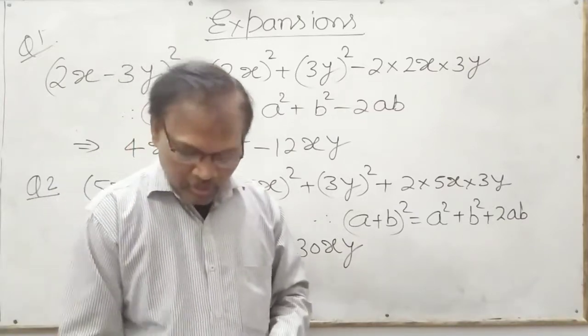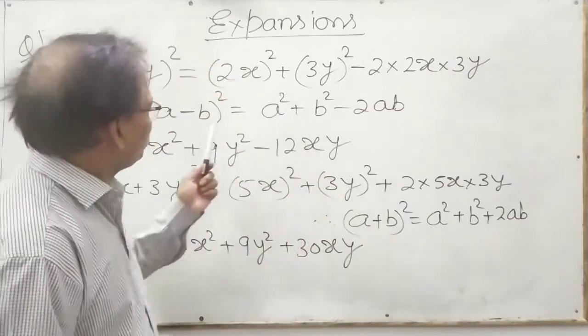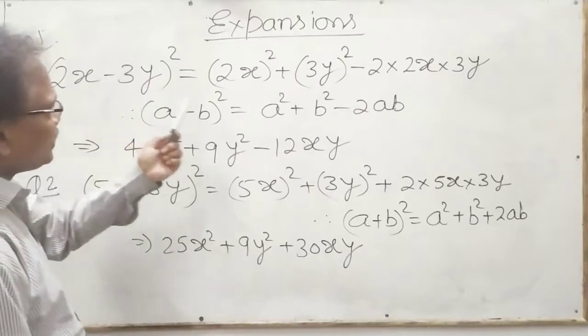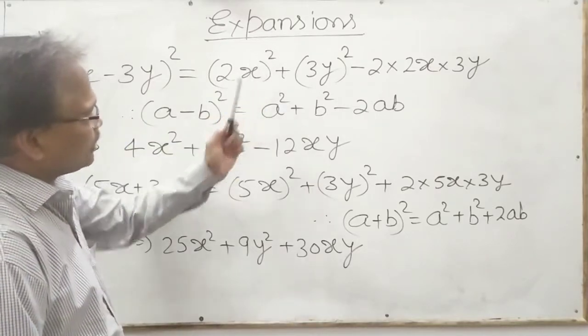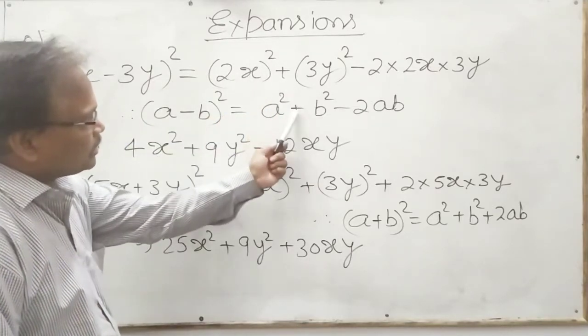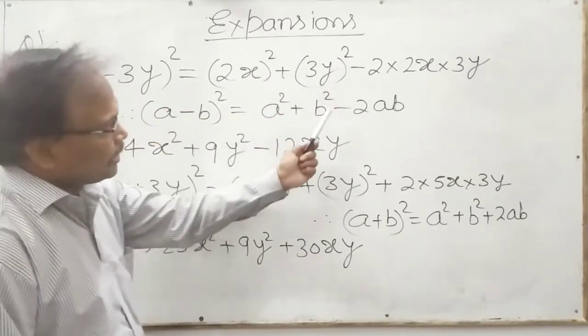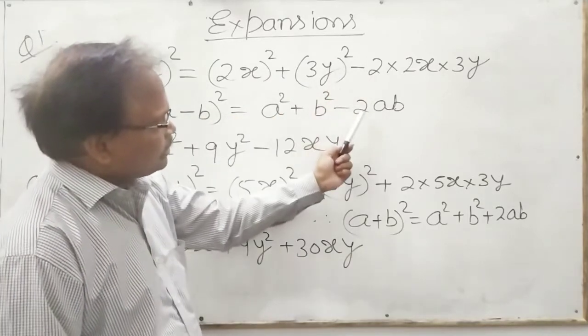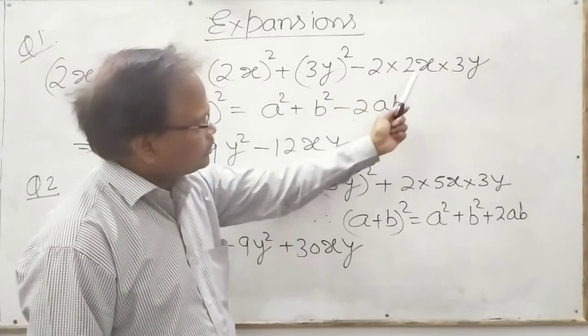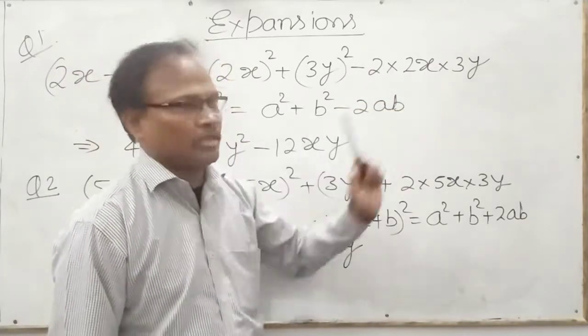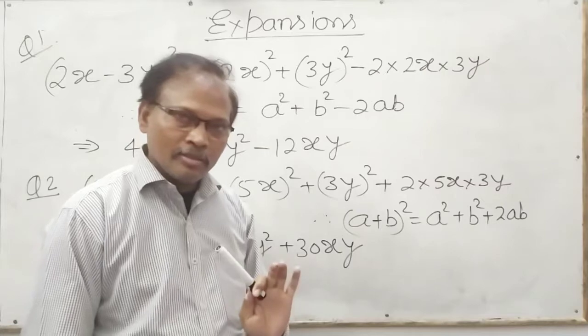Clear? After this, in place of a, you write 2x whole square, in place of the plus sign, in place of b, 3y whole square, and the minus sign is there. Then 2 into a means 2x and b means 3y. Clear?